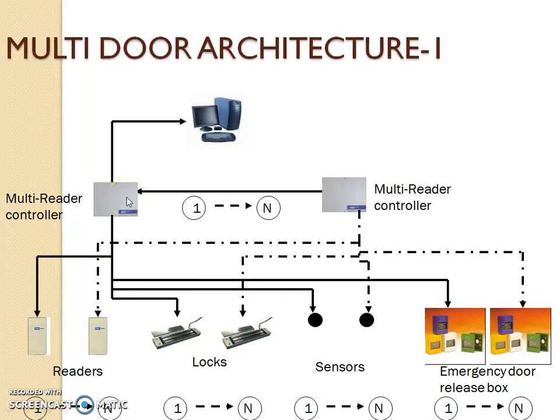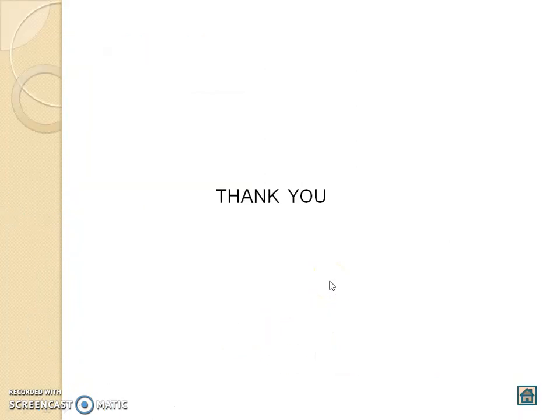Once you have installed a multi-reader controller, you gain access to all the doors. So depending on the application, the single or multi-reader controller can be installed. Let us say, for example, within a facility you need to have separate access for each and every door. Then you should go for a single door controller. And that is the difference between the single and multi-door controllers.